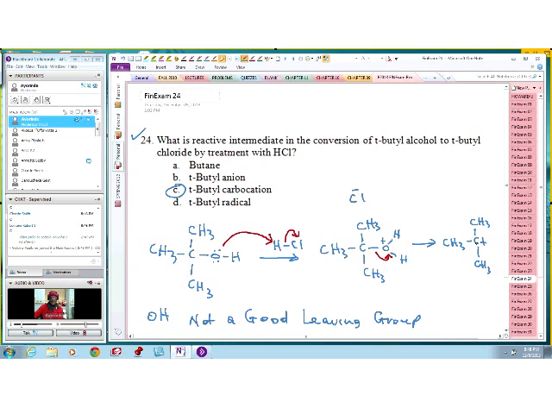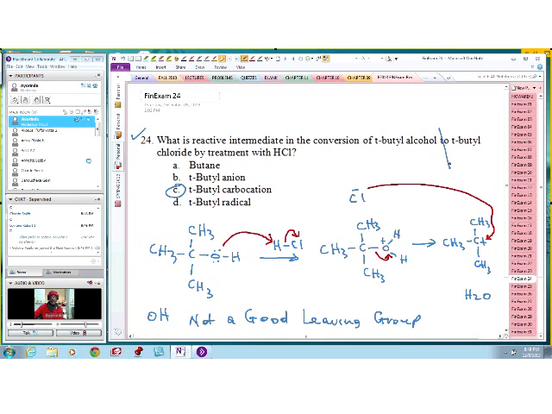Once again, the reason why you need this acid here is to protonate the hydroxide, thereby making the hydroxide a good leaving group in the form of water. Now, water is gone. Now the chloride will come in as a nucleophile to bond to the carbocation.